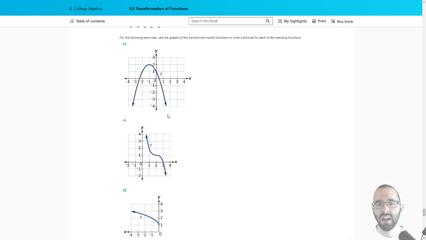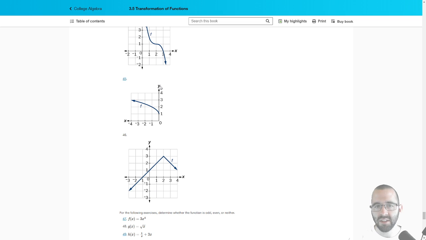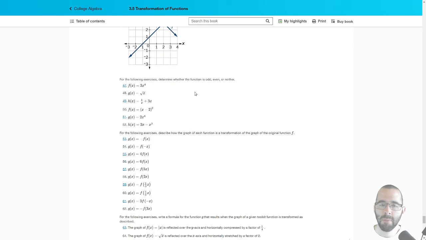All right. And again, now the parabola is going down, so you know there's going to be a negative on the outside. This is flipped, you know, we're going right 2 up 1, and it got flipped upside down. All right. So you need to know what these toolkit functions look like before you actually can figure out what's going on to them.